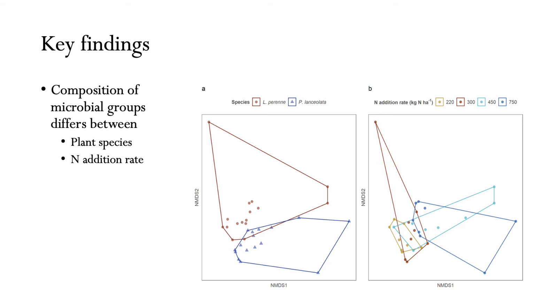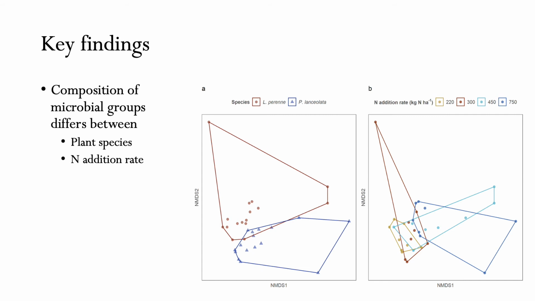So this is the composition of the soil microbial groups after non-metric multidimensional scaling. It's separated on the right for the different nitrogen addition rates and on the left for the different plant species. Both treatments had a significant effect, but I want to point out the very clear effect of the plant species here on the left.